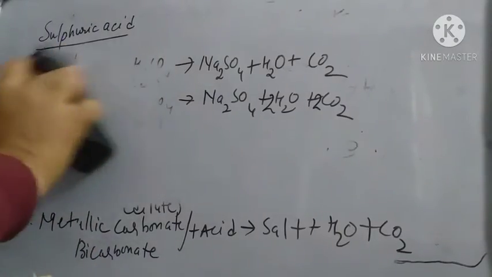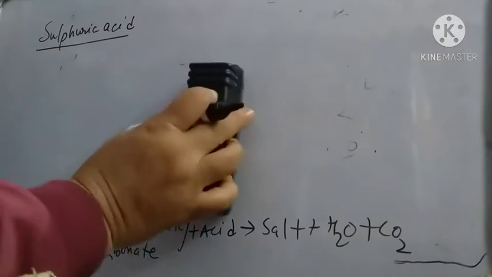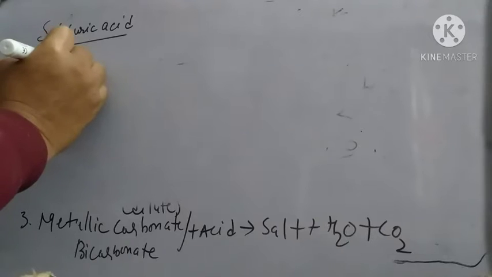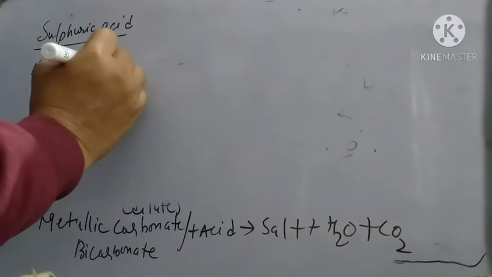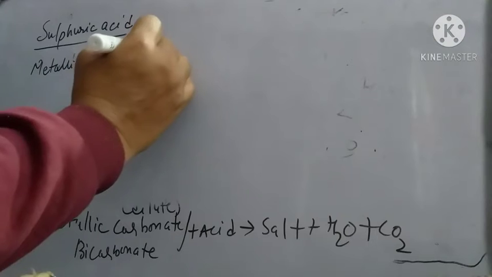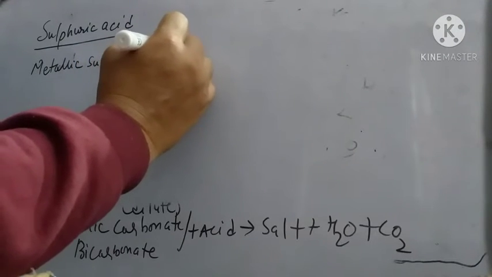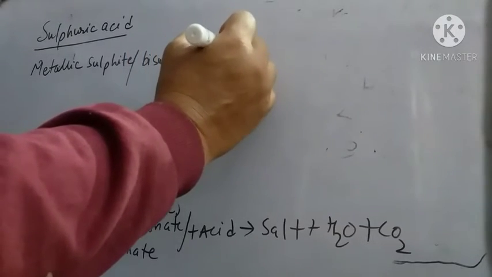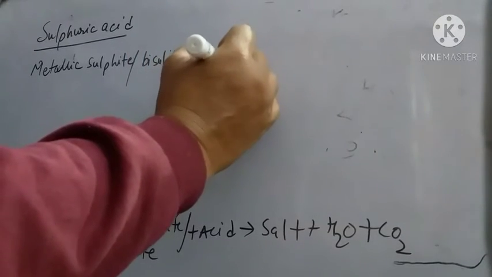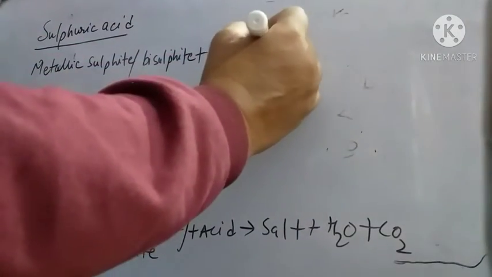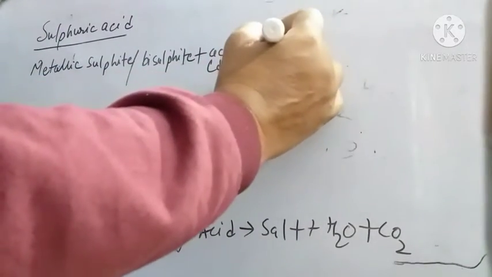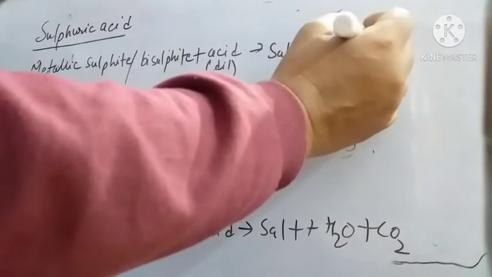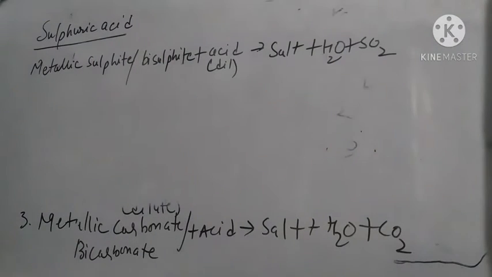Now metallic sulfite or bisulfite plus dilute acid will always give salt plus water plus sulfur dioxide gas.